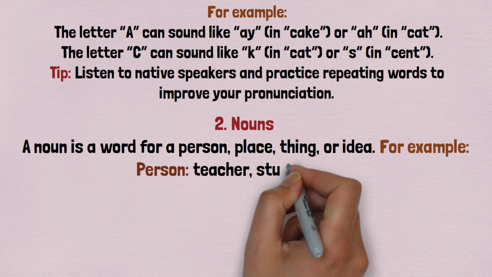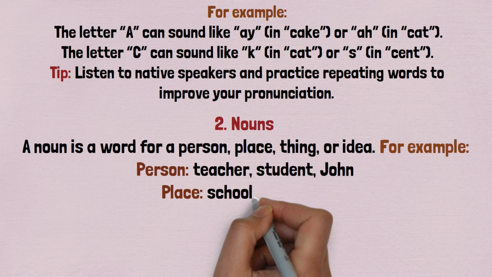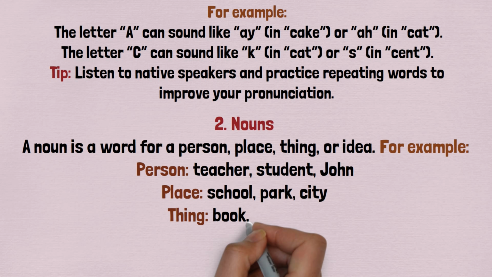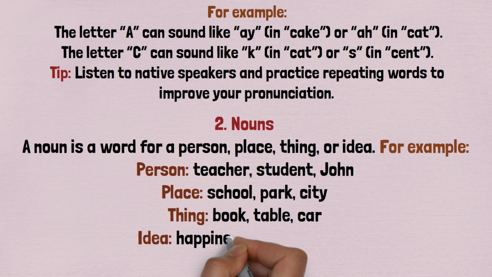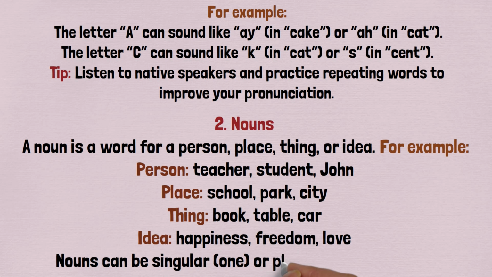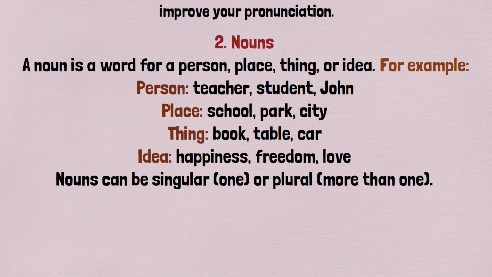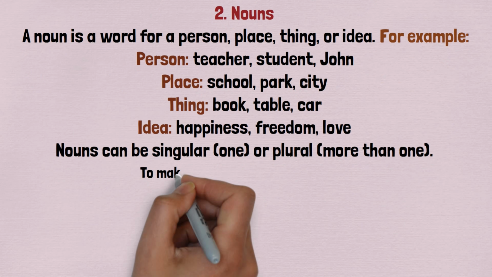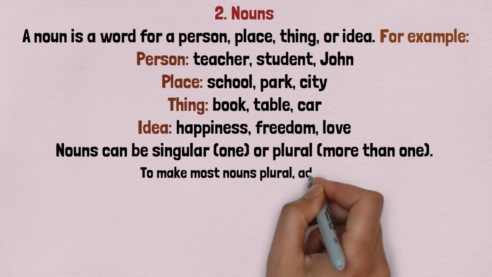2. Nouns. A noun is a word for a person, place, thing, or idea. For example, person: teacher, student, John. Place: school, park, city. Thing: book, table, car. Idea: happiness, freedom, love.